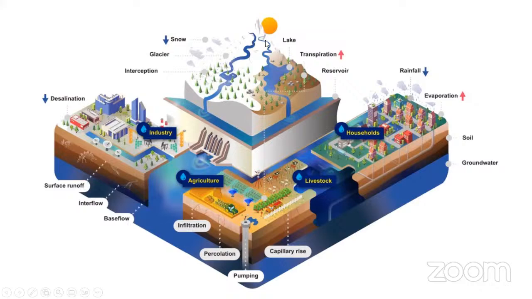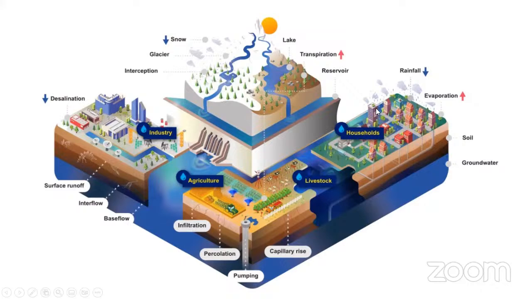And some water comes in rainfall, evaporation may be there, soils may take some water, and livestock, and some groundwater may be available with the runoff and infiltration activity. Here you can observe that this is the agriculture activity.